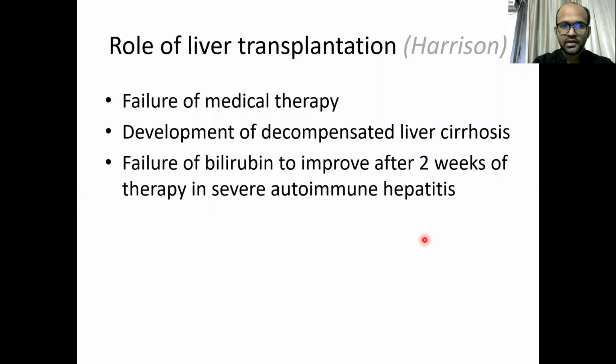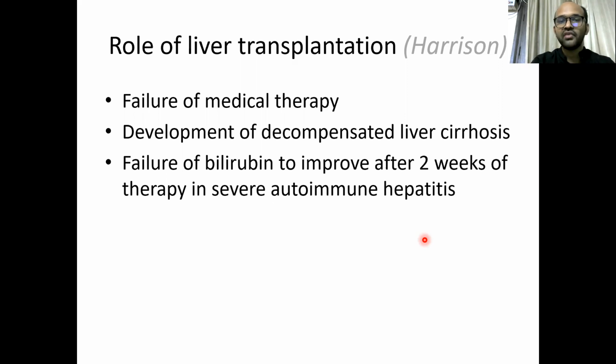So what is the role of liver transplantation? If a patient has a failure of medical therapy, you will consider that patient for liver transplantation. If there is development of decompensated liver cirrhosis, that means the patient has developed ascites, hepatic encephalopathy, coagulopathy, or upper GI bleed, you will enlist those patients for liver transplantation.